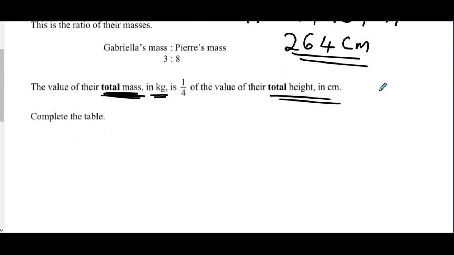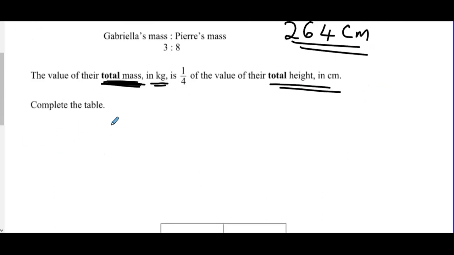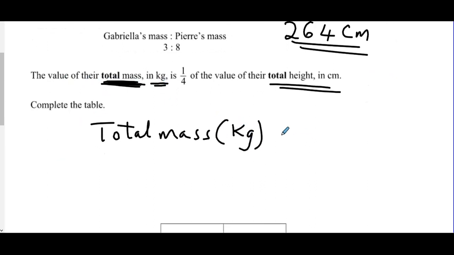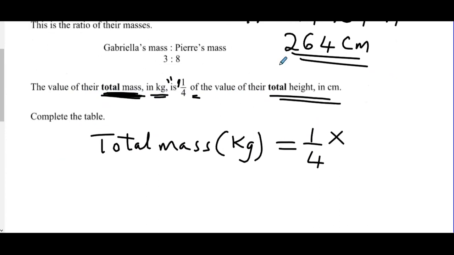Now, can we get the total mass? Yes, we can calculate the total mass. The total mass in kilograms is equal to 1/4 of, meaning times, the value of the total height, which we got is 264.